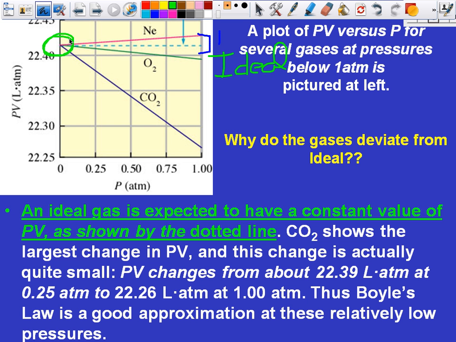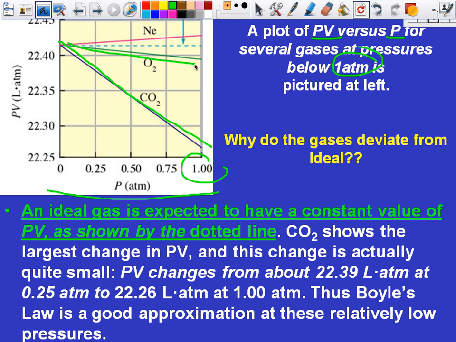We like for them to be 22.4 at 1 atm. So this is a plot of PV versus P for several gases at 1 atm, picture to the left. Notice how these gases deviate. As your pressure is increased, notice what happens to the PV constant. They almost all start going down except for neon, and we'll adjust for that.